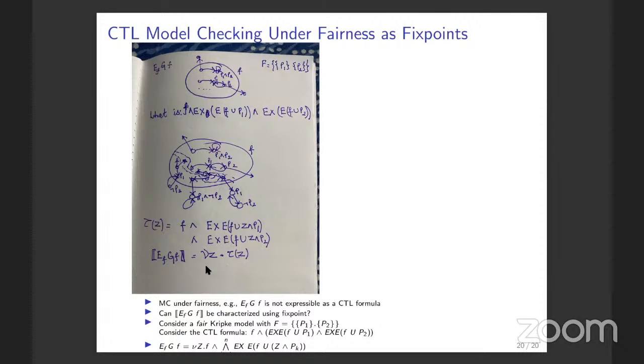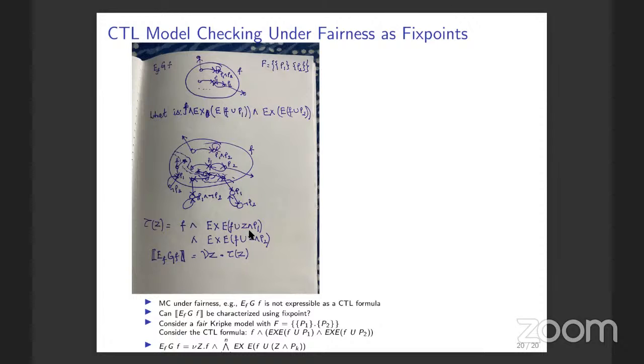Okay, so as you can see here in this case, you're embedding inside a fixed point operator, here the greatest fixed point, a CTL operator itself, which is some Z until P1 kind of a thing.